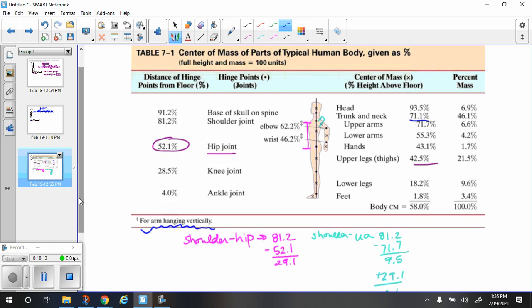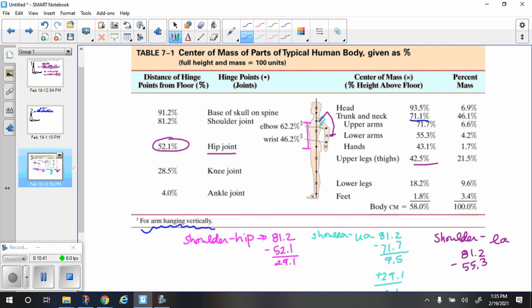So the position is, let's use a different color here. So now we're looking at the shoulder to the lower arm. We use LA for lower arm. So you have 81.2. We're subtracting 55.3.